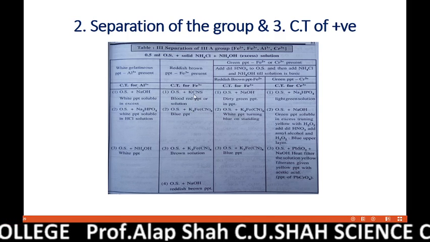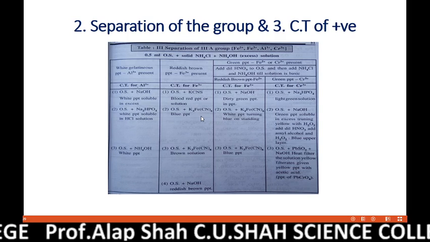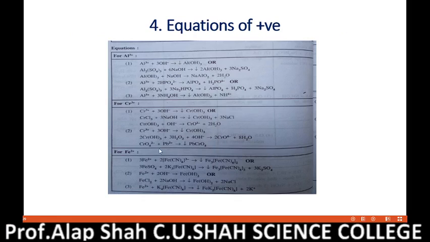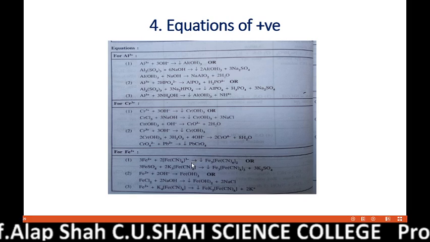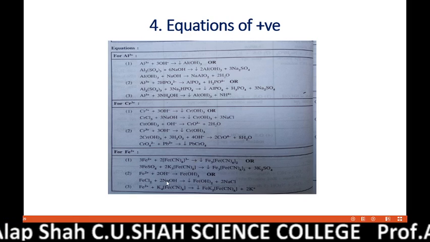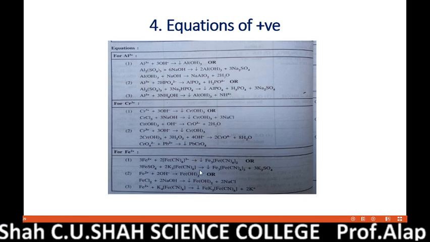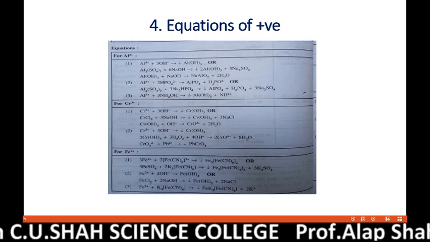Suppose in the case of ferric: KCNS, K4Fe(CN)6, K3Fe(CN)6, NaOH. These are the equations. For ferrous: K3Fe(CN)6, NaOH, K4Fe(CN)6. These are the same equations of the test. So that's all about the positive ion.